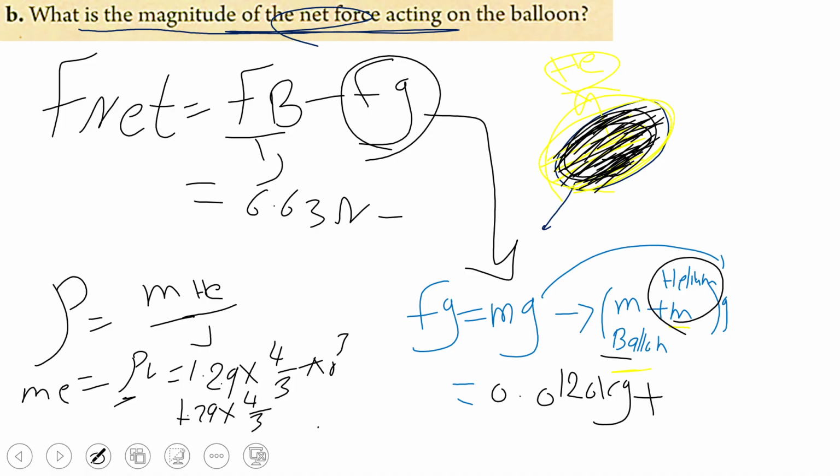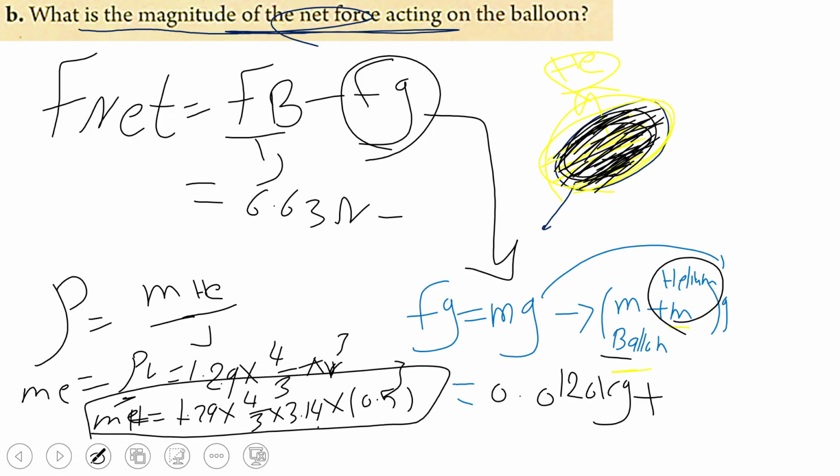So 1.29 times 4/3 times 3.14 pi times r, 0.5 power 3. We find the mass of the helium, multiply by the calculator, and the answer becomes 0.094 kilogram. The answer of this mass is 0.094 kilogram.